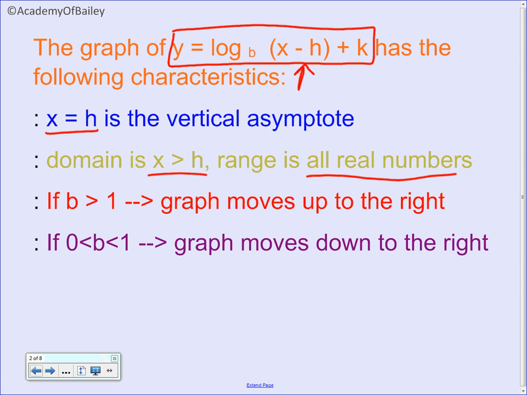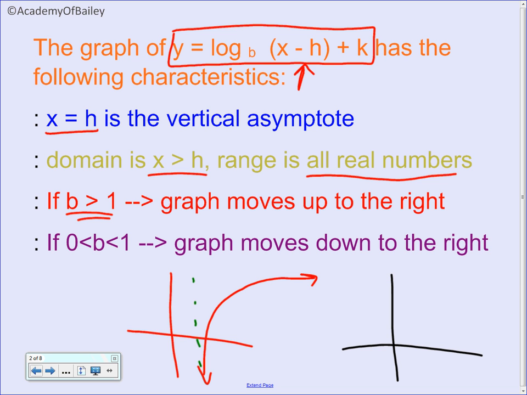Okay, if your base b is greater than 1, let's say if we had a vertical asymptote like this, greater than 1 for b, it is going to move up and to the right to look like something like that.